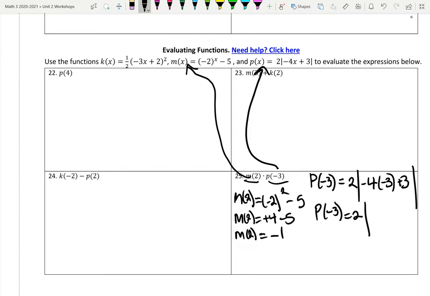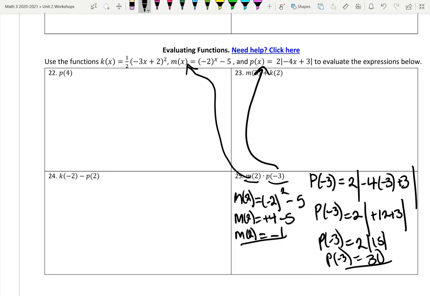Negative 4 times negative 3 is going to be positive 12 plus 3. Continuing to evaluate the inside, I have to take the absolute value of 15. This is going to be 2 times the positive version of 15, which is going to be 30. I take my answers and I have to multiply them together. So it's going to be negative 30.